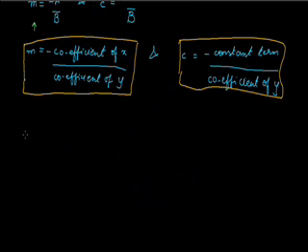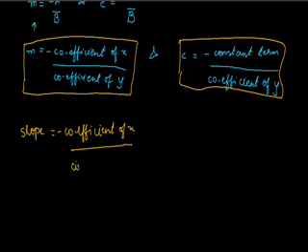So I can write that slope, where m is the slope of line, is equal to minus of coefficient of x upon coefficient of y, and c is the intercept on y-axis or y-intercept.